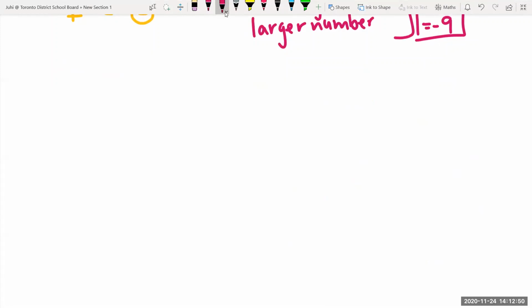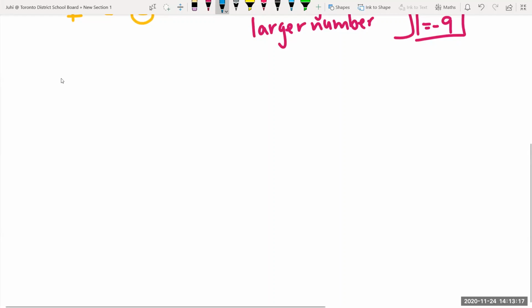Okay, so let's get a different color and let's try a question. So part of the questions from your homework, just grab that sheet. It looked like this. I'm just going to take one of the questions that you had.